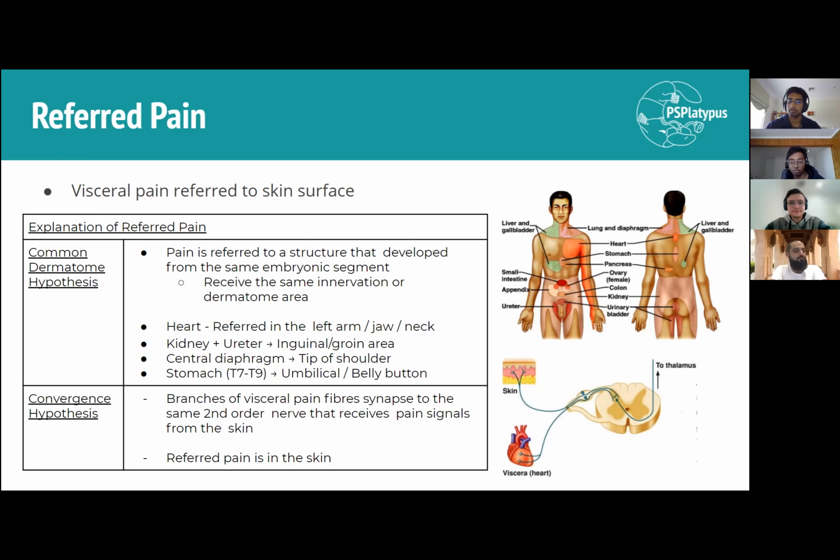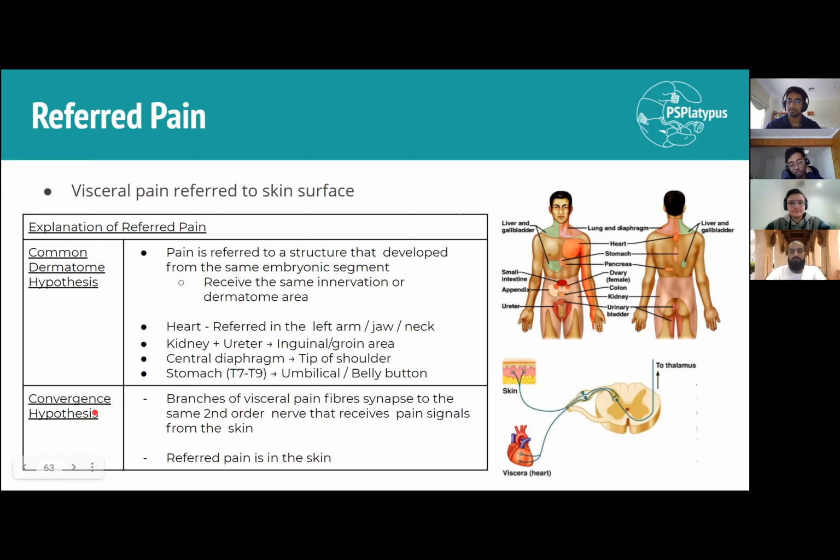For example, the heart, which originated near our pharynx, or the upper region, is going to be referred to our left arm, jaw, neck, and area. Same goes for other organs here, since they receive the same innervation from the start. But you will learn more about embryology next year, so don't worry too much about not understanding this fully.